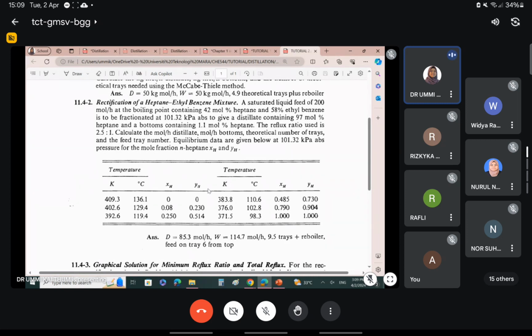Alright, for this question, how do we know which one is component A and which one is component B? Component A, heptane or ethyl benzene?